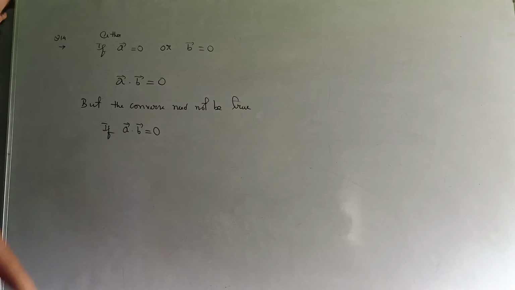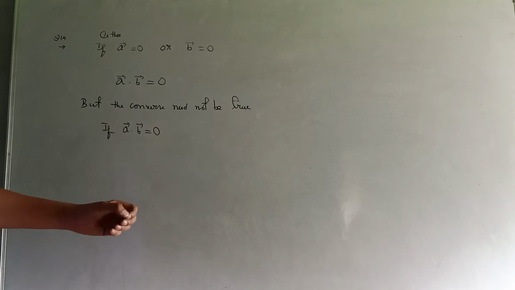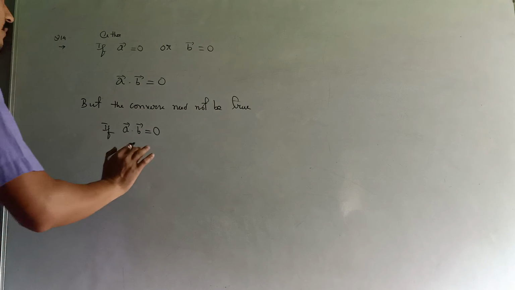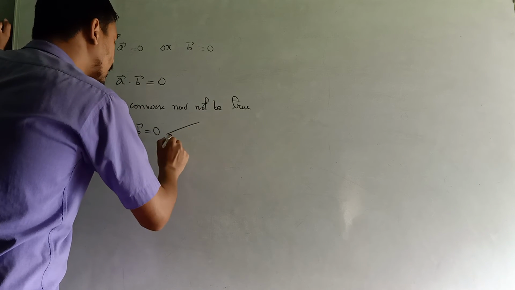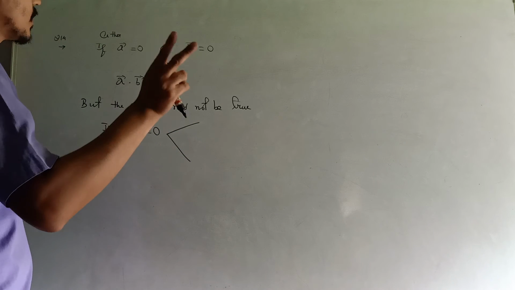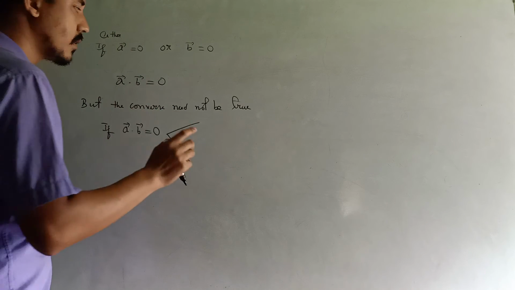Now see why the converse need not be true. Why is that? Actually, that's a thing to be thought about. The converse need not be true. Why? Very simple. If the dot product of two vectors is 0, then it's because of two conditions.